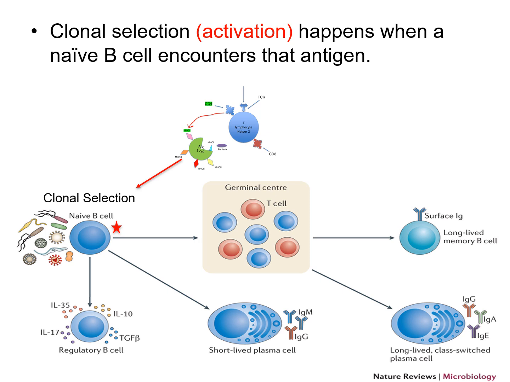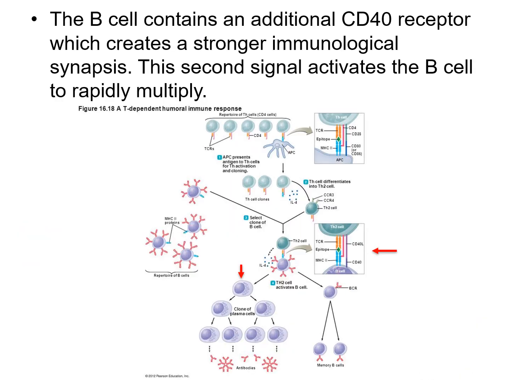The T helper 2 brought the ball on the CD4 and bound. When it's bound, the B cell to that T helper, a stronger immunological synapse is created because of the CD40 receptor. This second signal activates the B cell to rapidly start to divide through a process called mitosis.